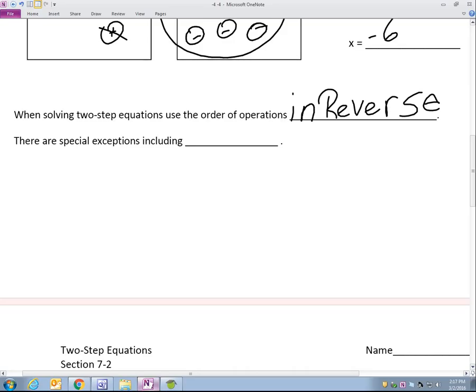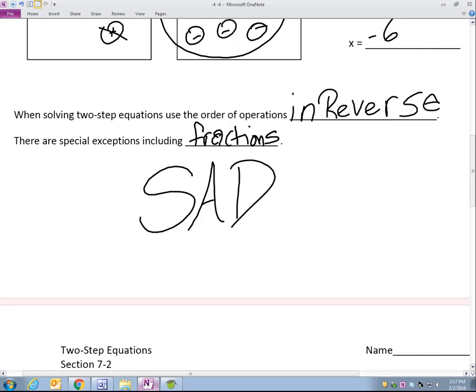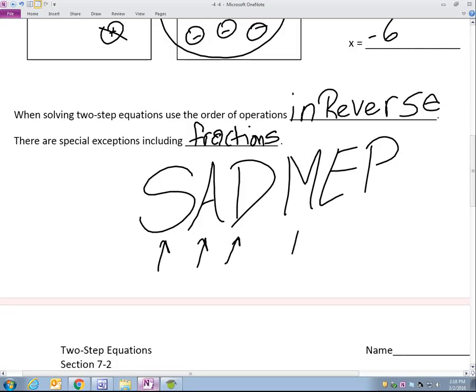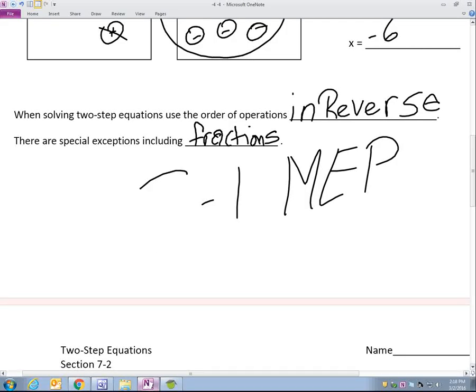There are special things including fractions, and we'll get to that. But in general, it's please excuse my dear Aunt Sally.